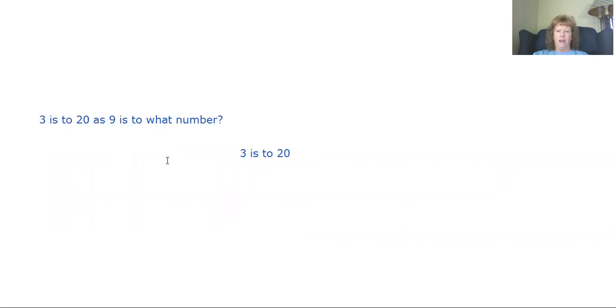Here's a problem that was referred to as duplicate ratios, and I've written the ratio for the first part. 3 is to 20, as 9 is to what number? The second part is just 9 is to what number? If we cross multiply, we will have 20 times 9, which is 180, and that will be 3 times x, which is 3x.